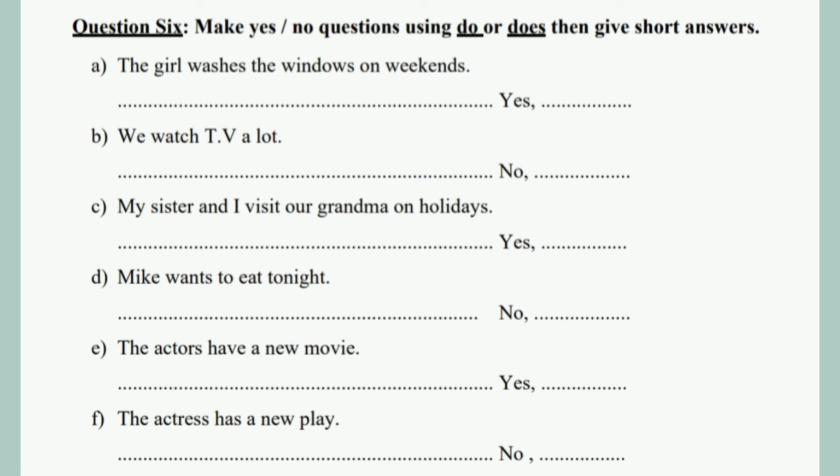The verb is washes, and it is an action verb. And the subject is a female singular noun. That means I'll use does. Does the girl wash the windows on weekends? Yes, she does. If you follow the rule, you will not be lost.